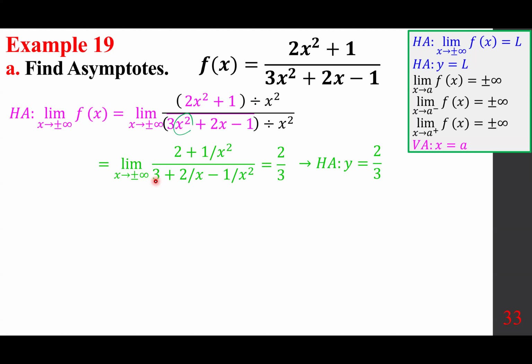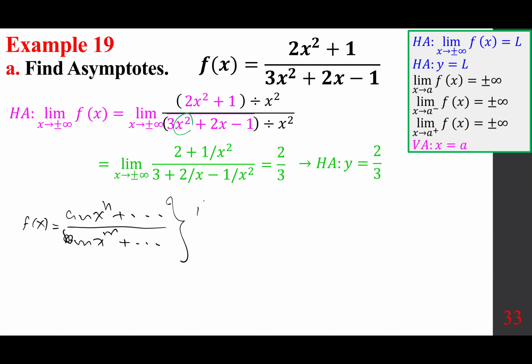Now, what I want to remind you before we go to the vertical asymptote, you recall in pre-calculus, when you have a rational expression, let me just write this. So you have f of x equals a sub n x to the power of n, and the denominator is b sub m x to the power of m, and you continue, right?